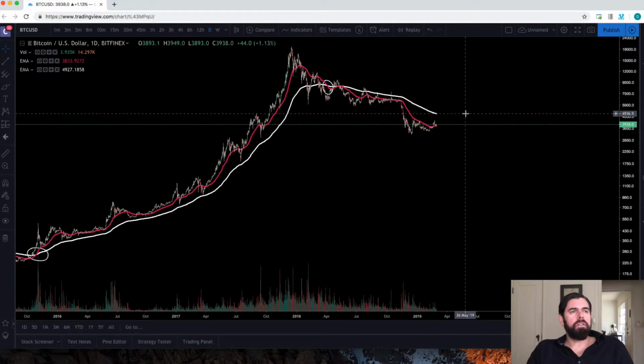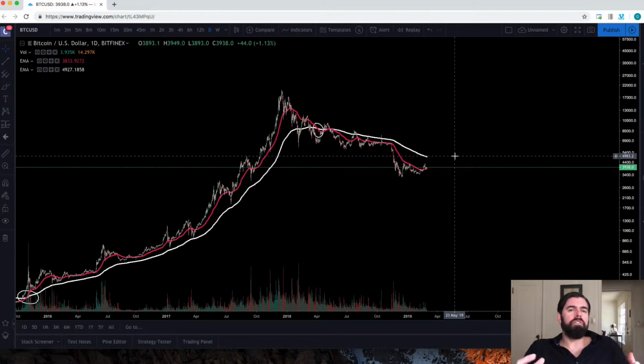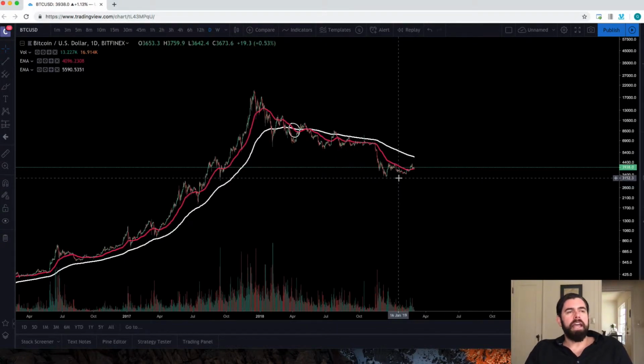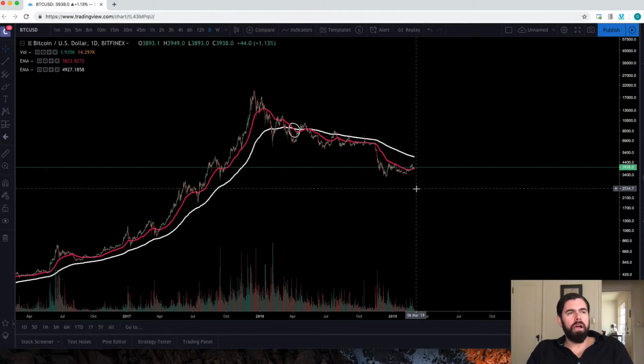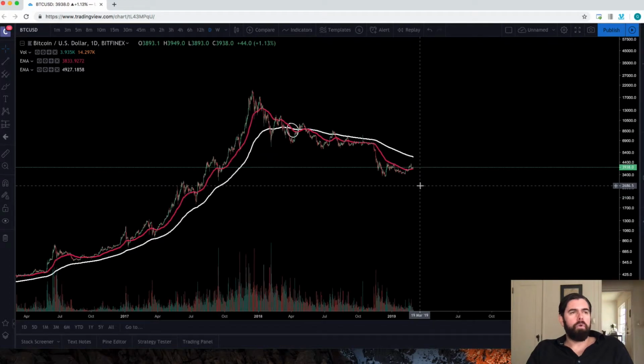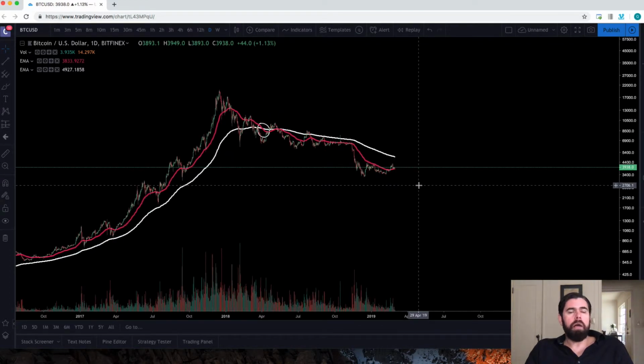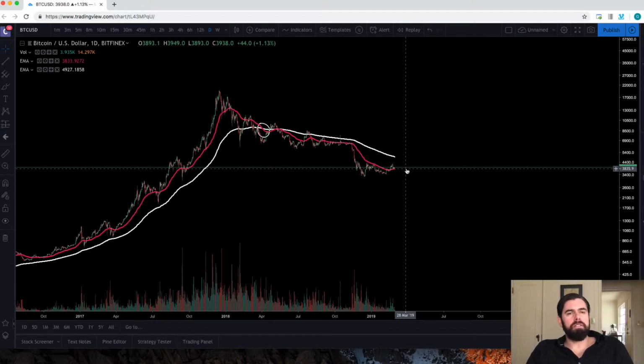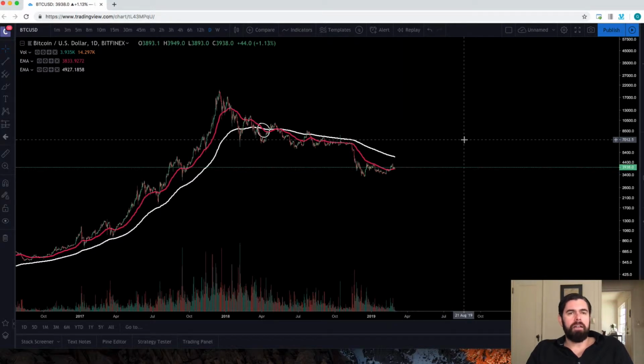Now, a way that longer-term investors and long-term traders would look at this is they're not going to try to catch the bottom. They're not going to say, oh, I think we're going to have one more drop down here. Maybe some will, I'm just telling you this is a strategy that a lot of people will use. For example, they will not go into this asset until we have that golden cross.